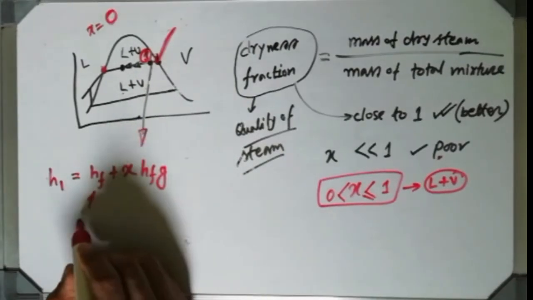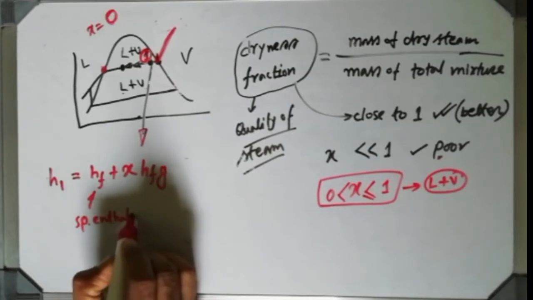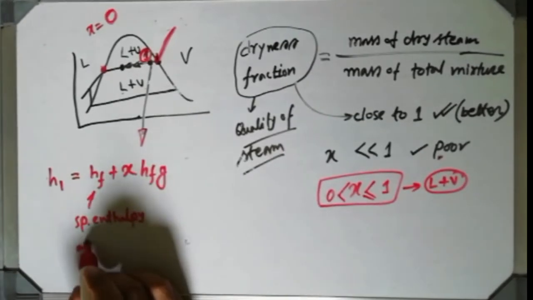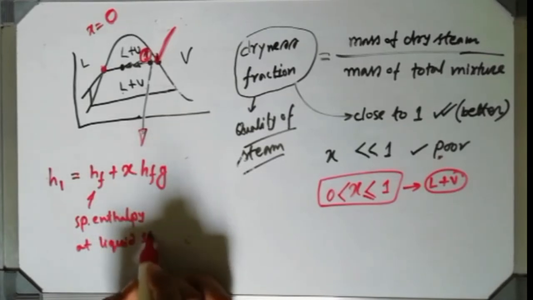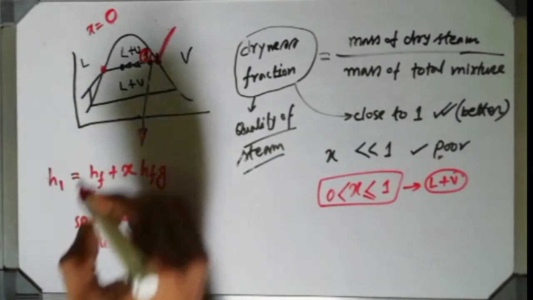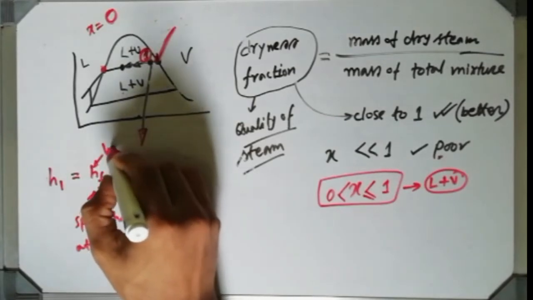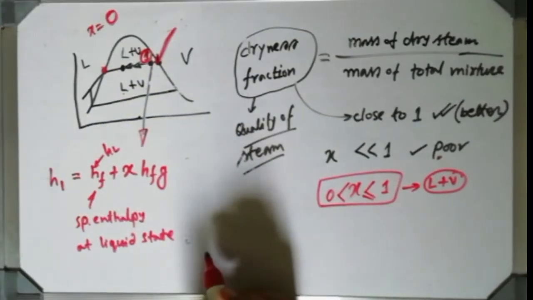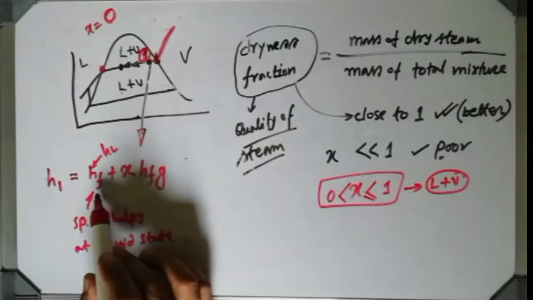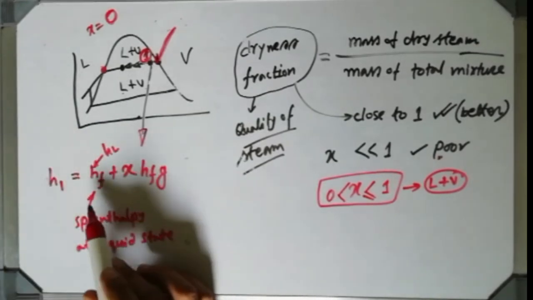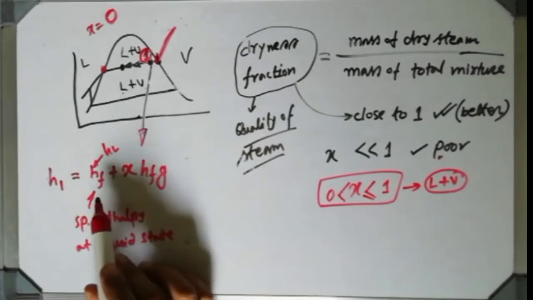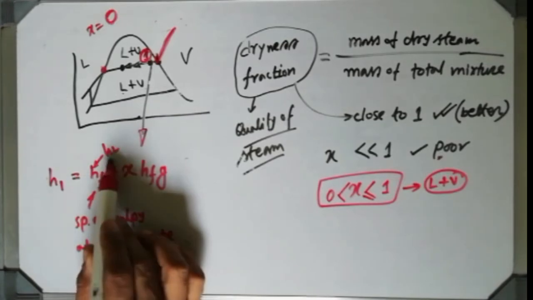HF is the enthalpy, or rather the specific enthalpy, at the liquid state. In the steam table it is represented by HL, but most of the time worldwide the HF notation is most popularly used. That's why I have written HF. Otherwise, in the steam table I showed you just before, the HF notation is expressed by HL.